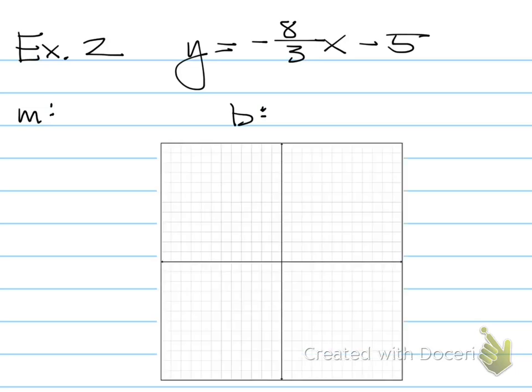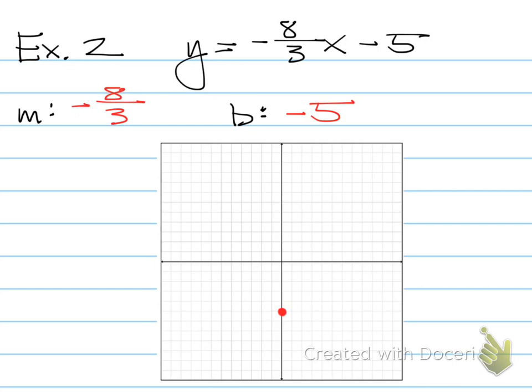Next example, this one is also written in slope-intercept form. The slope, again, is in front of the x, so that's -8 over 3. And the y-intercept is the constant, which is -5. Our first point is going to go at -5 on the y-axis, since that's our y-intercept.